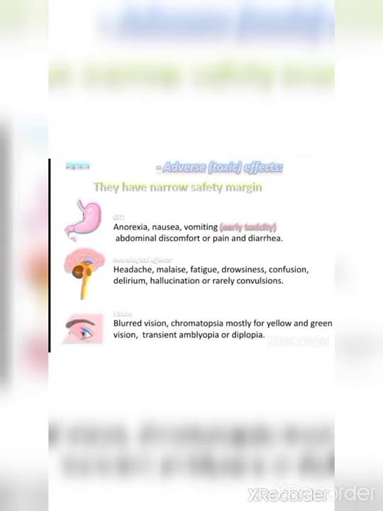Digoxin has a very narrow margin of safety, so close dose monitoring is very important. It is ineffective at subtherapeutic doses, but it can give your patients arrhythmia at supratherapeutic doses. So very close dose monitoring is very important.